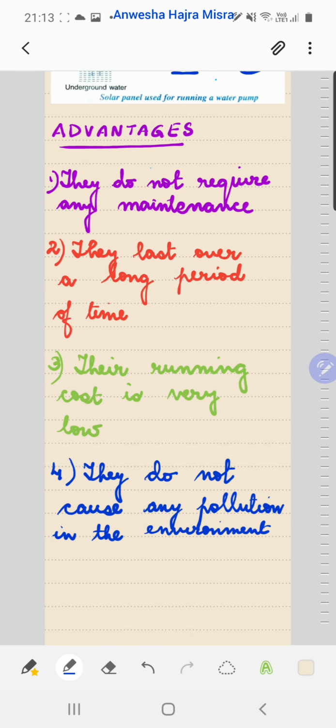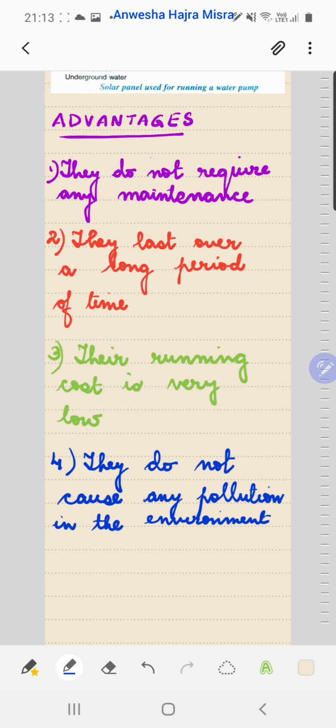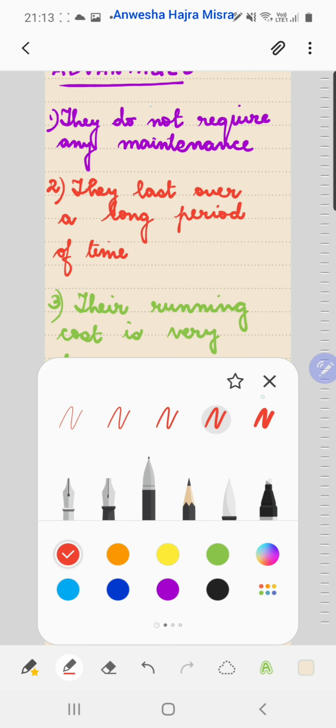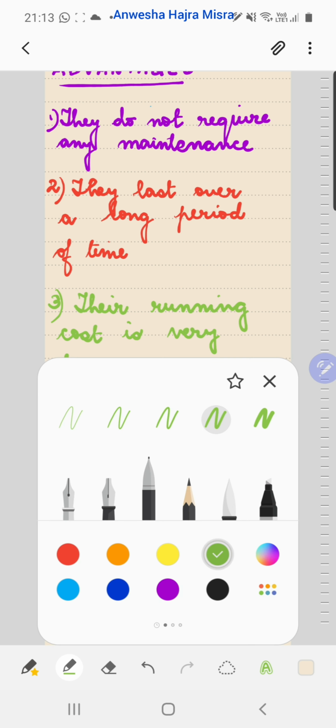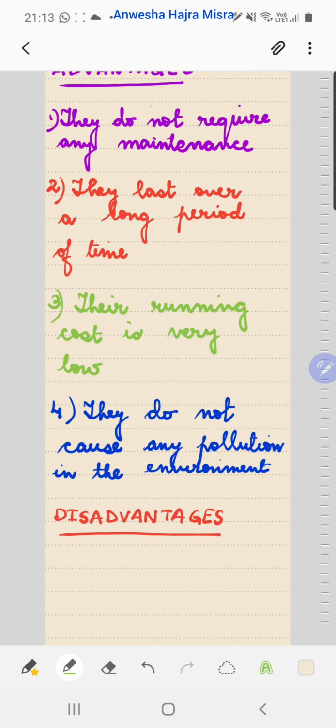Now, what are the disadvantages? The initial cost of a solar panel is very high, children. Installing it will cost you a lot.